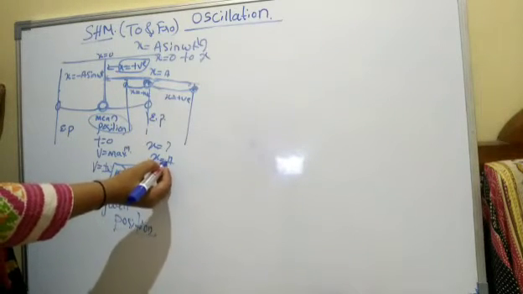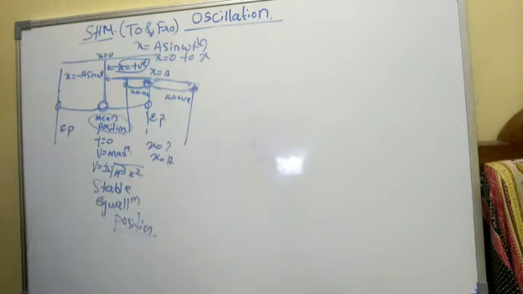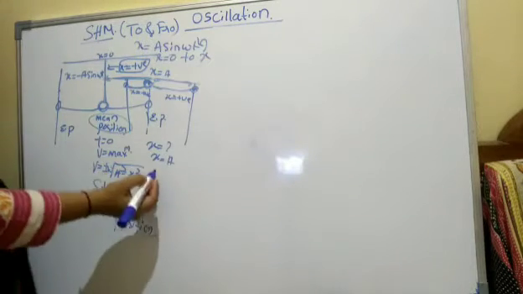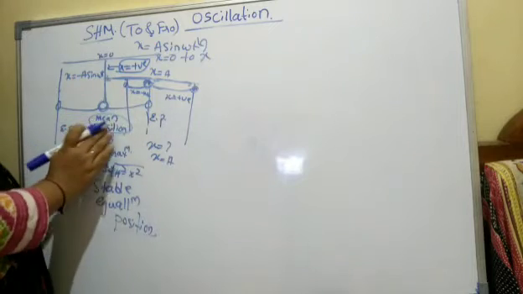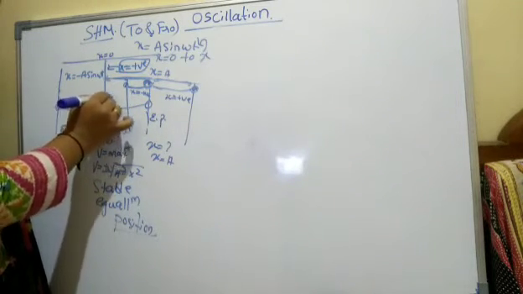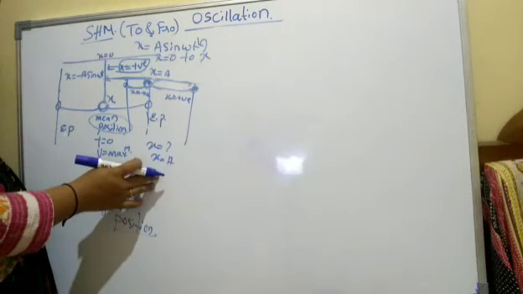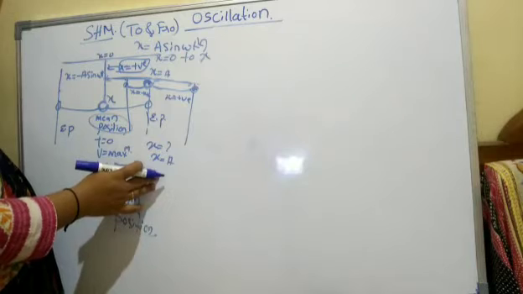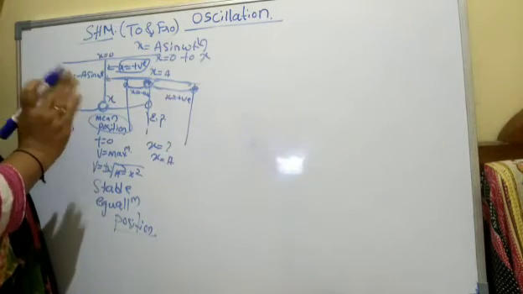to here, it is moving from A to x. What is x here? This part, from the mean position. Why does it move only x here? When the particle executes simple harmonic motion, what is the target? It has to reach its original position, right?